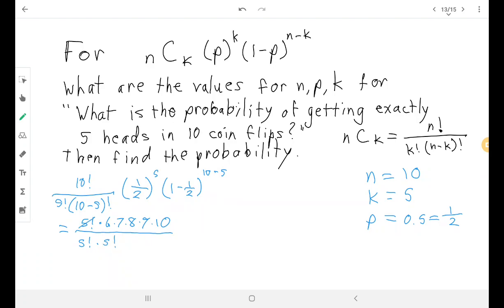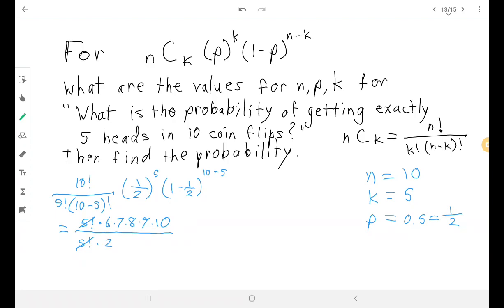But look, I can cancel the 5 factorials, because that's just the same set of multiplication twice, once on the top, once on the bottom, meaning I can cancel it. And instead of writing this 5 factorial as 1 times 2 times 3 times 4 times 5, I can actually eliminate the 1, because 1 times anything is itself.